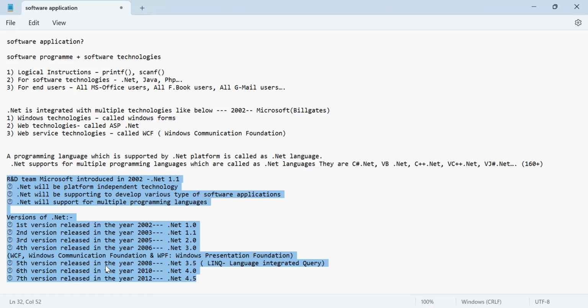What is the current version that is running in .NET? Current version is 6, and next now it's .NET Core 2.0, which is trending up.